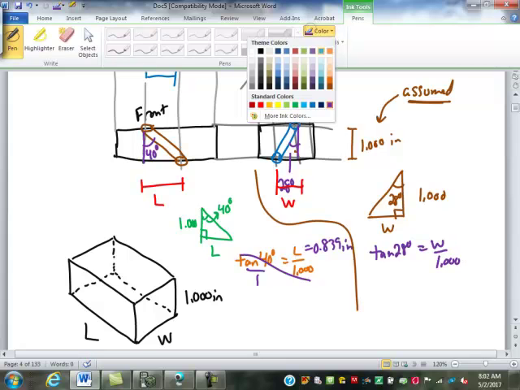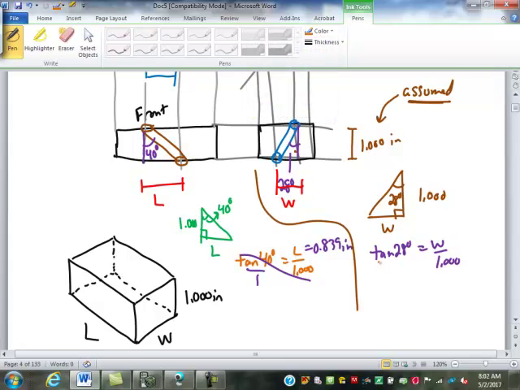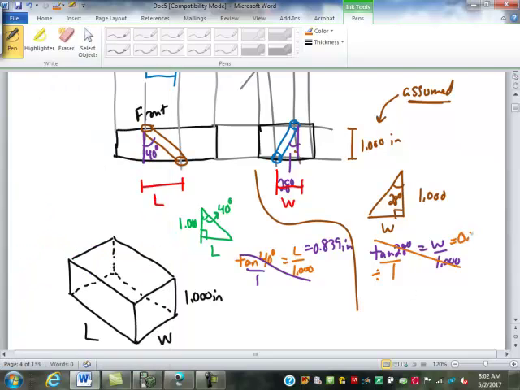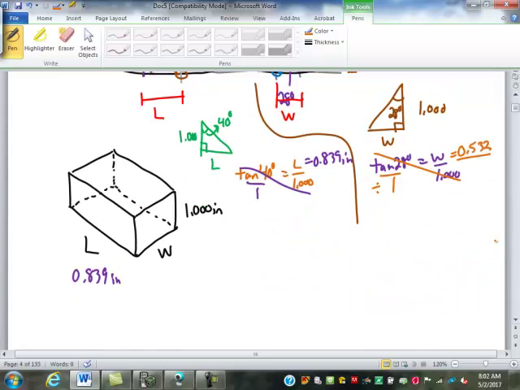Put this over 1, cross multiply and divide. So it's tangent of 28 times 1 divided by 1. So you get 0.532. So coming down here, W is 0.532 inches.